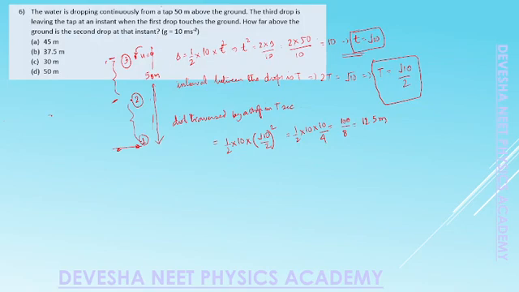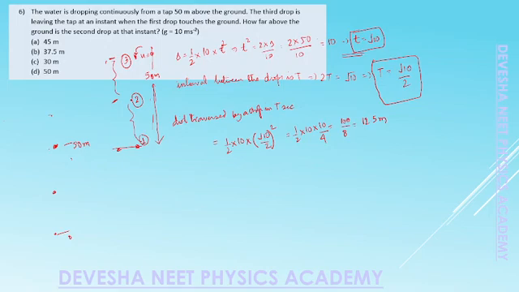The question is, how far above the ground is the second drop? Now the third drop is about to leave here. How far above the ground is the second drop at that instant? So let's look at this. One drop is here, at a height of 50 meters. The other drop is somewhere here, and the other drop is at 0. We know it drops 12.5 meters.